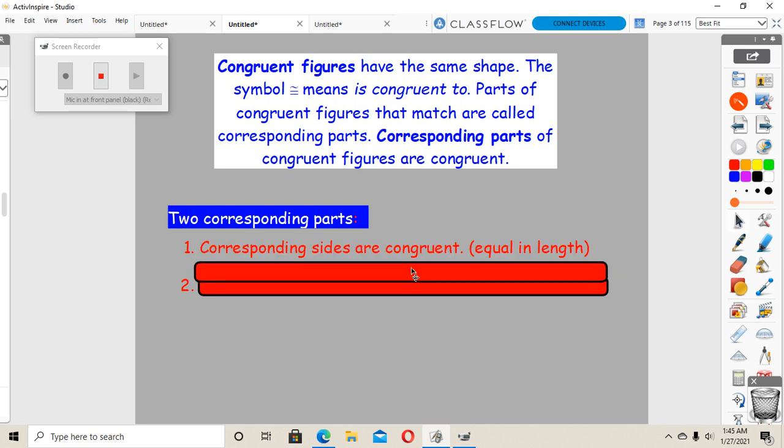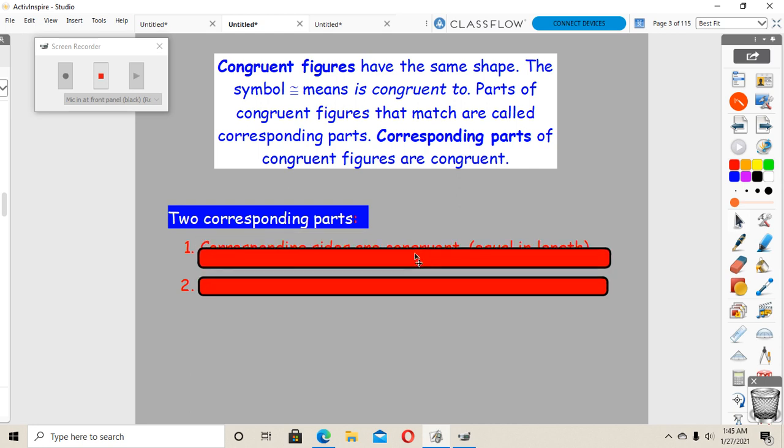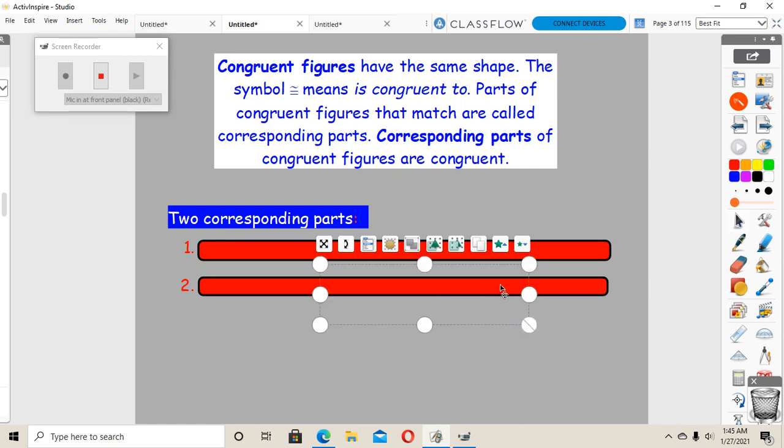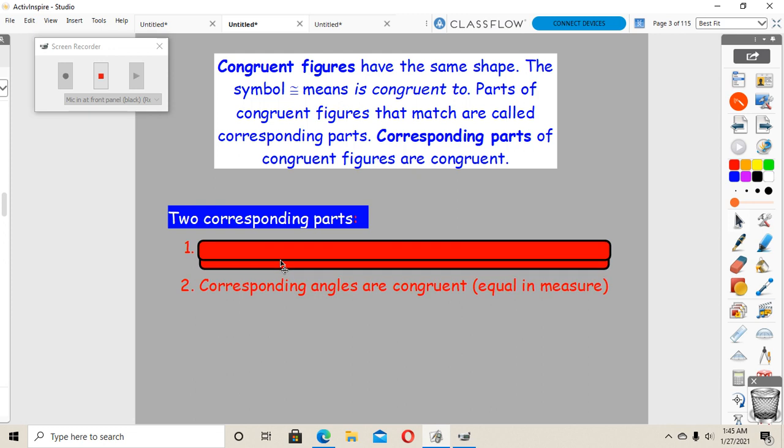Corresponding sides are congruent, equal in length. And let's say we have another figure. These two figures are congruent, basically exactly the same.